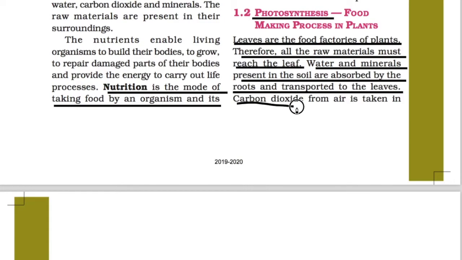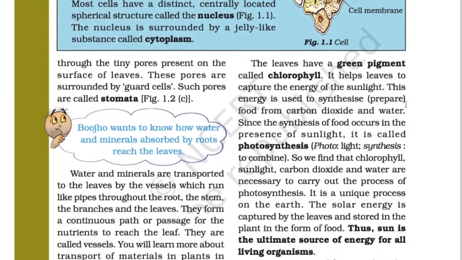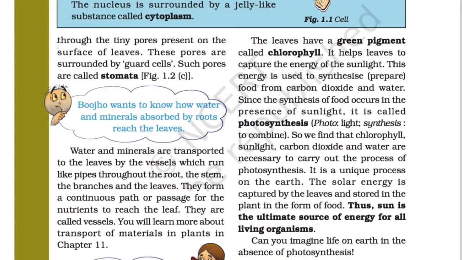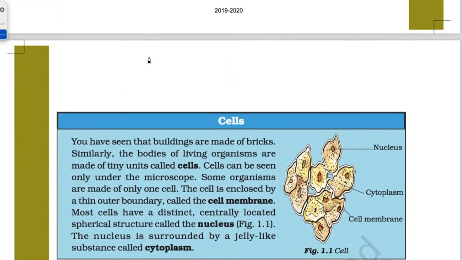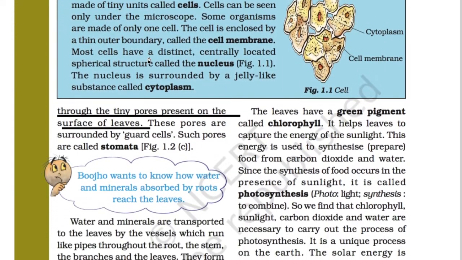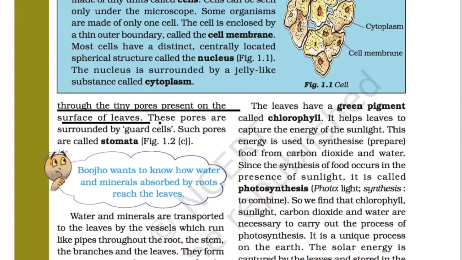Carbon dioxide from air is taken in through the tiny pores present on the surface of leaves. All leaves have some tiny pores on them. Carbon dioxide is taken in by stomata. These tiny pores are known as stomata.